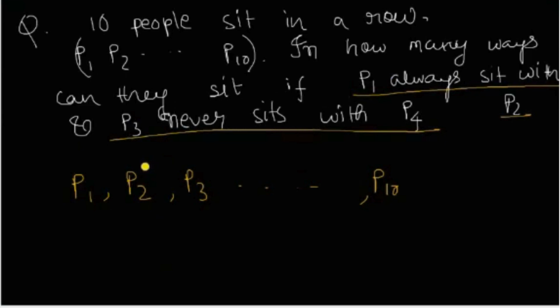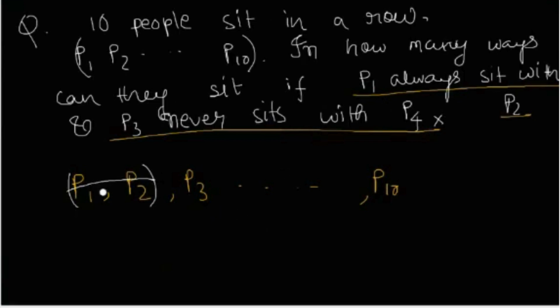The first thing you need to see is P1 always sits with P2. So if P1 sits with P2, you just bundle them. They are sitting together, and you consider this as one element. In how many ways can these people sit? I'm not talking about whether P3 sits with P4 or not. I'll come to that later.